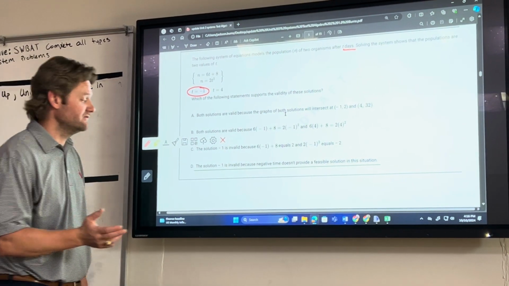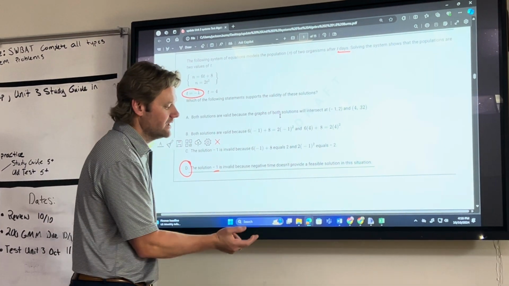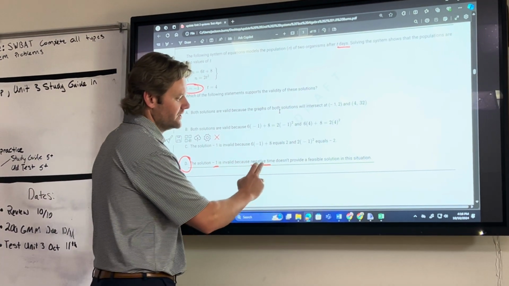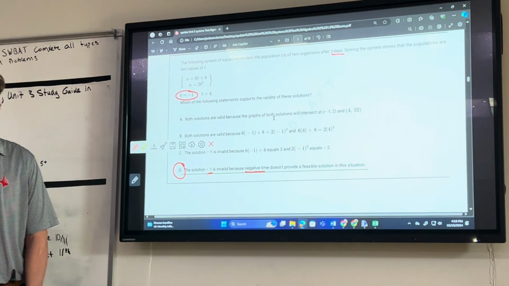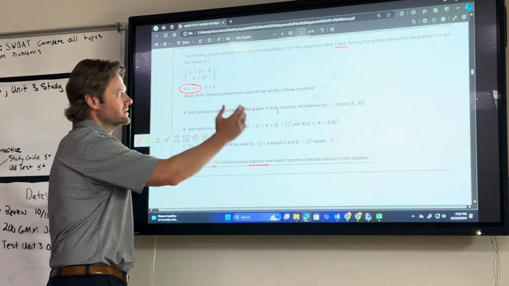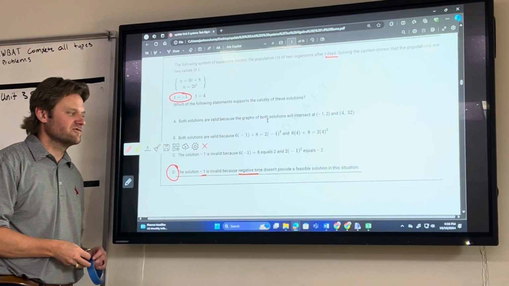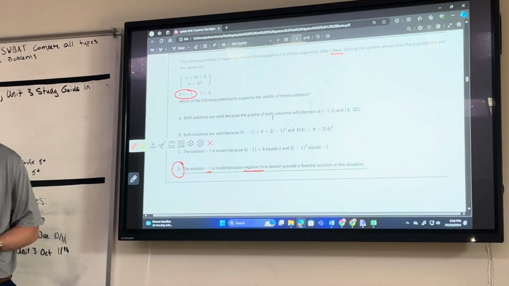So this one, pretty much the only people that are probably going to get this one right are the people who come to the review. The answer on this one is the solution -1 is invalid because negative time, I wish it existed, but it does not, provides no feasible solution in this situation. All the other ones are correct. This is how you solve the equation, but -1 is invalid because negative time does not exist.